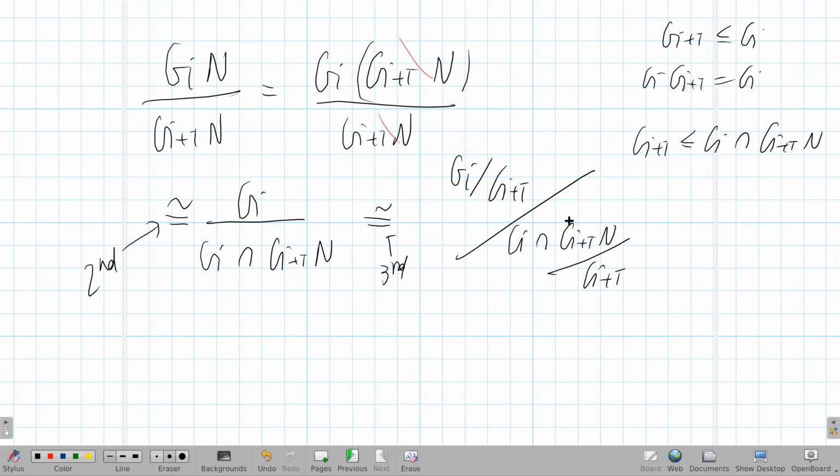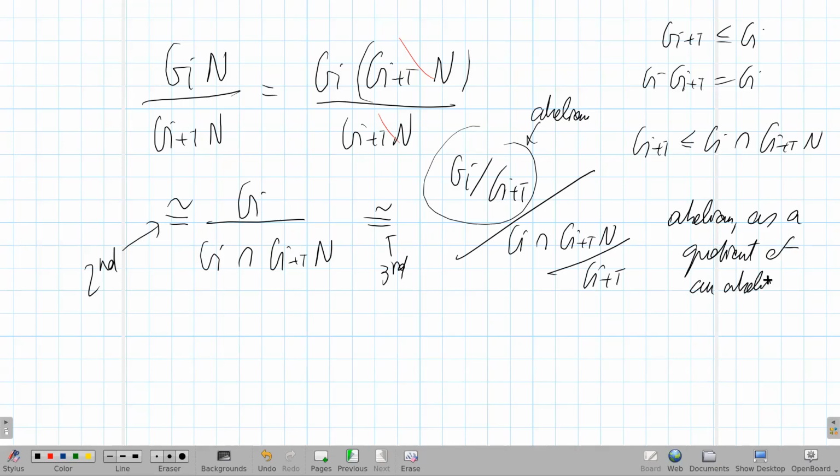Okay, and so this is abelian, because this is abelian by assumption. Okay, and so this is a quotient of an abelian group. This is abelian as a quotient of an abelian group. Okay, and we are nearly there, because we have proved what?